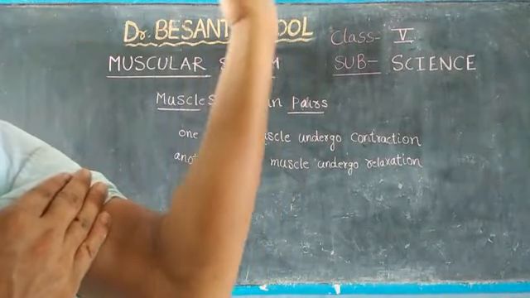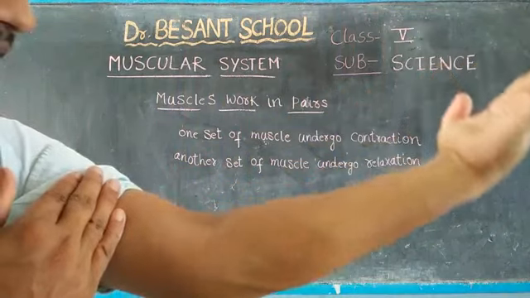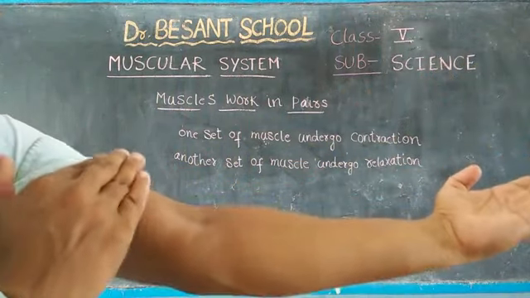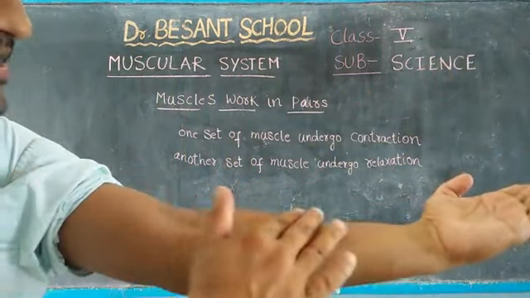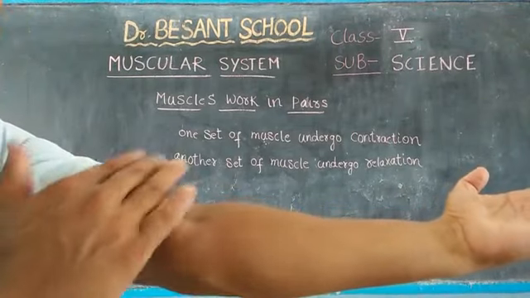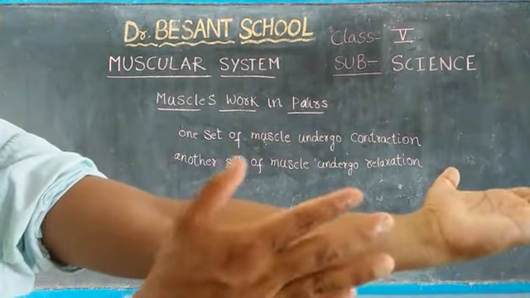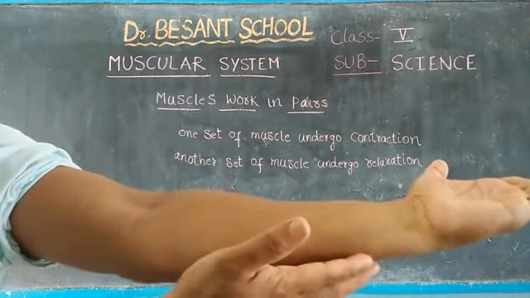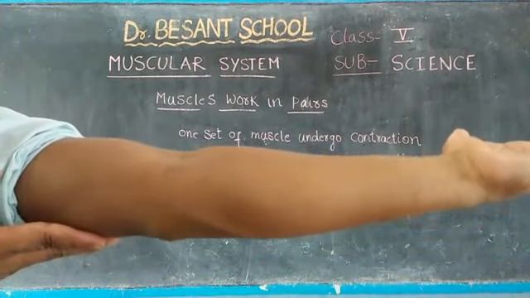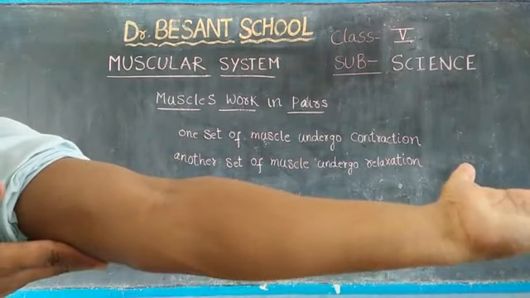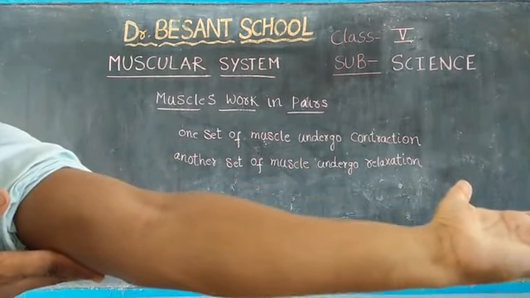When you relax your hand, unfold your hand, what happens? The muscles that are present on the outer surface of the hand will relax. That means they undergo expansion, whereas the muscles that are present in the lower surface of the hand will undergo contraction.